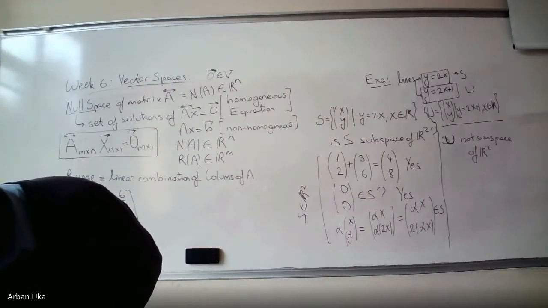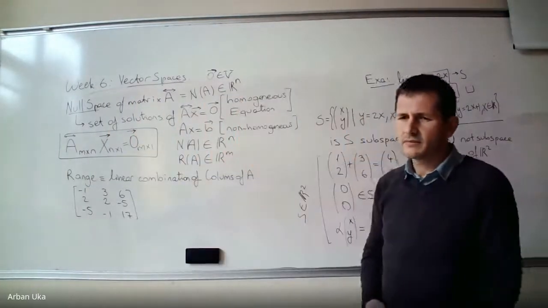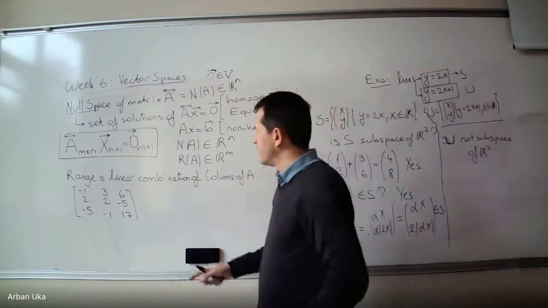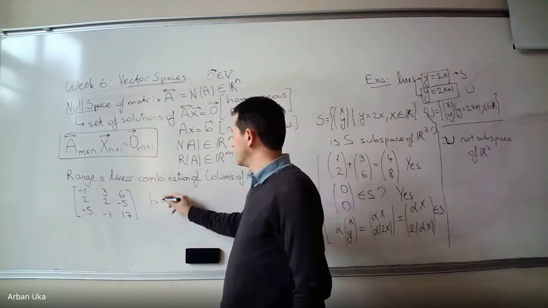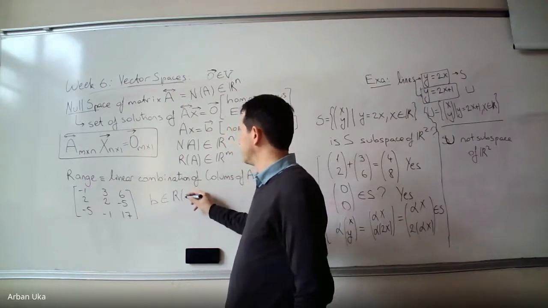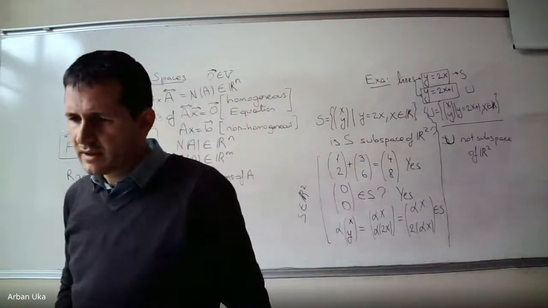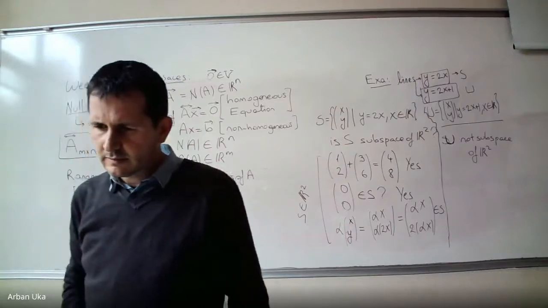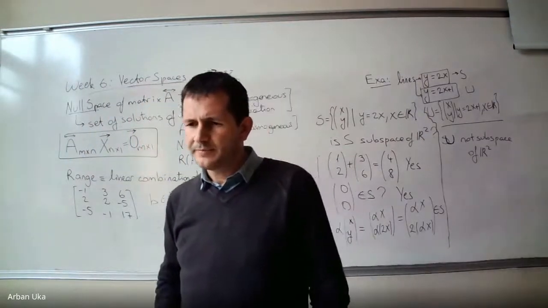I can pick someone myself, Denis Shashori. So find the vector B such that B is in the range of A. Denis, can you answer this? After Denis, we have Drilon.